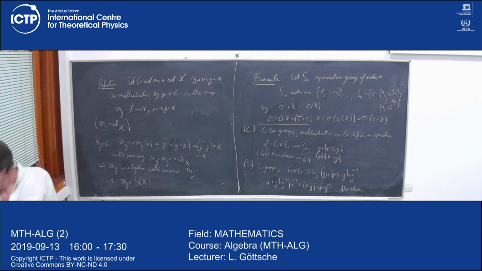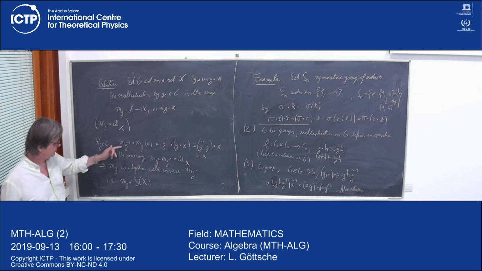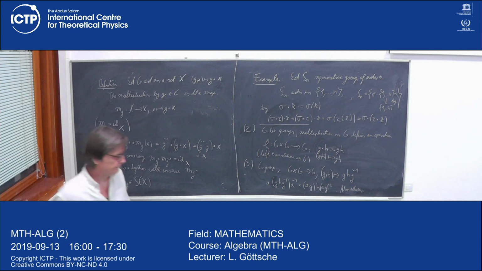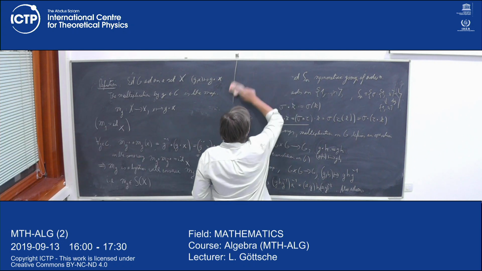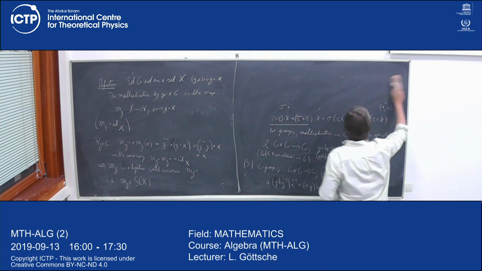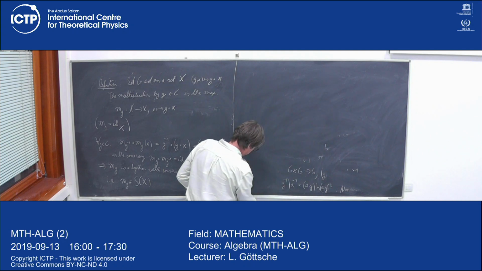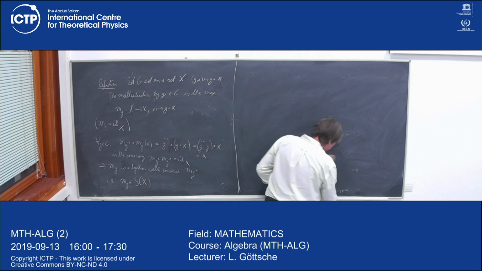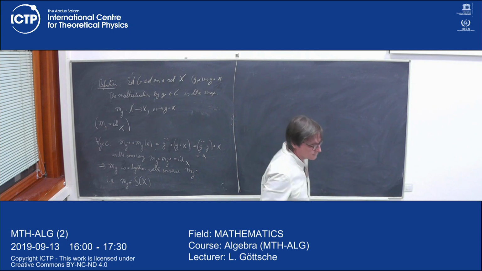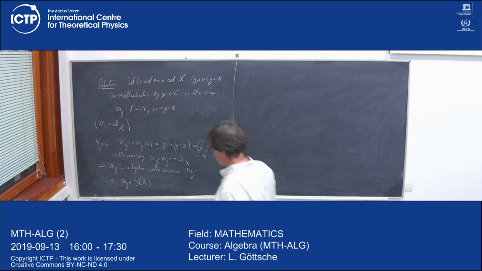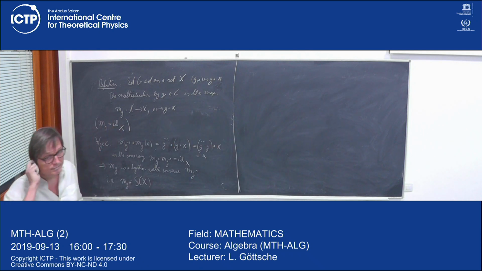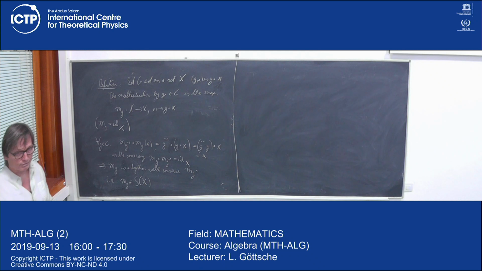Now we want to see that, in fact, the map which sends G to m_g is a group homomorphism. This will, if we have the time, bring us to Cayley's theorem, which says that every finite group is isomorphic to a subgroup of a symmetric group on n letters.